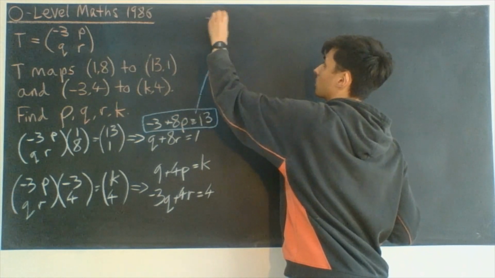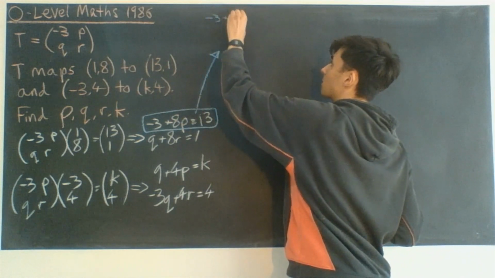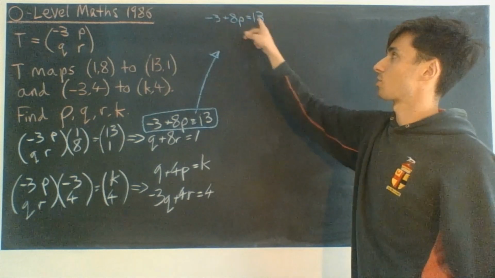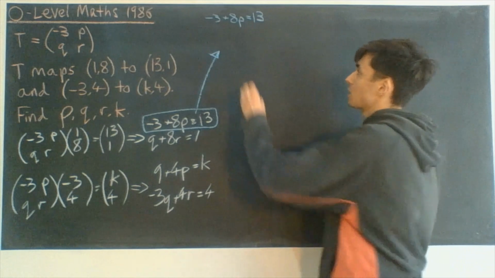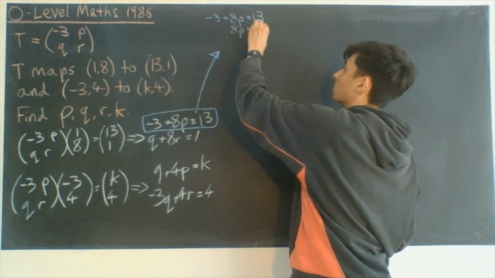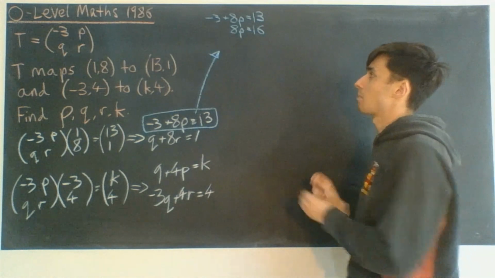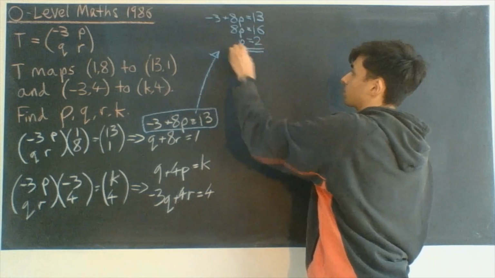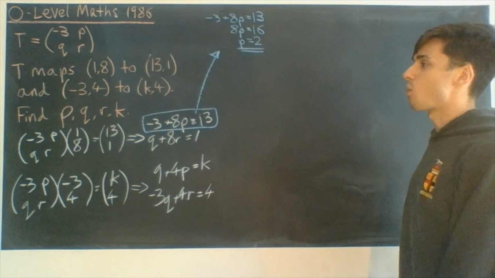If we add a 3 on each side, we'll get 8P equals 16. And then dividing by 8, we get P equals 2. Great, we've now got one of our unknowns.